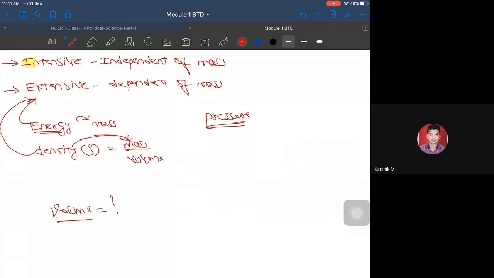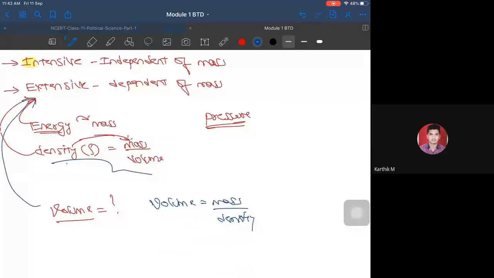Why is it intensive? It is not dependent on mass. Okay, taking this particular equation here, I can reshuffle it as volume is equal to mass divided by density. Now what is your statement? It is dependent, sir. So volume is also dependent on mass. Okay, so volume is also an extensive property.